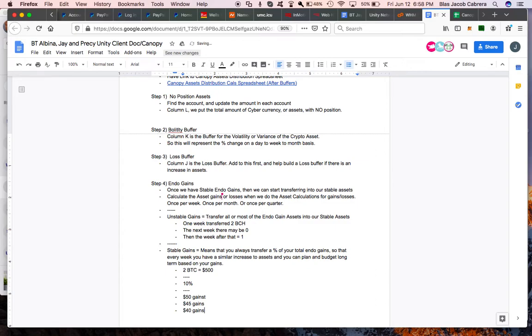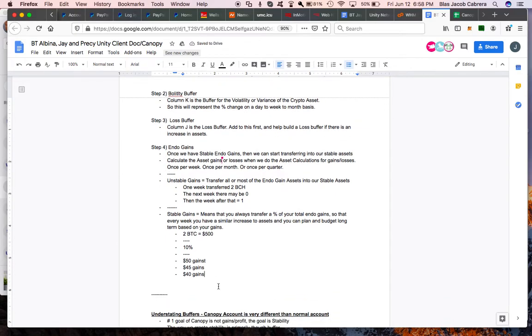So the idea is that every week you're only doing 10% into the stable assets, and that will allow us to not only have stable assets to build stable gains, which can help us go into double gains, triple gains. When you have a stable income, you can plan ahead, and we can oversee our budgets in a way that we actually know how much money is coming in for the long term. Does that make sense? Yes.